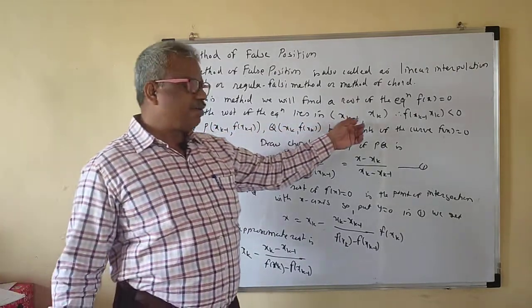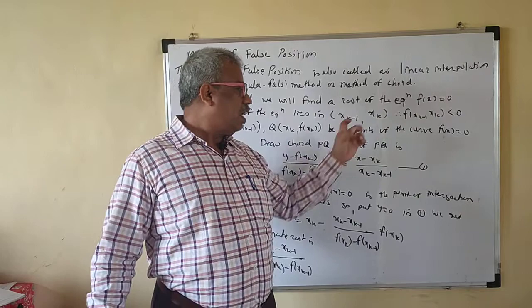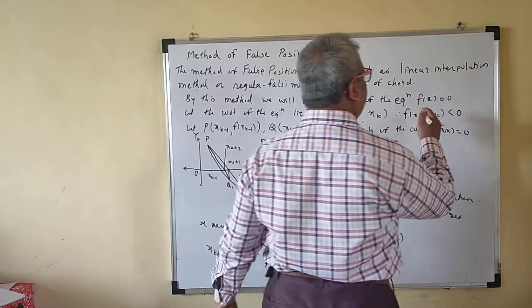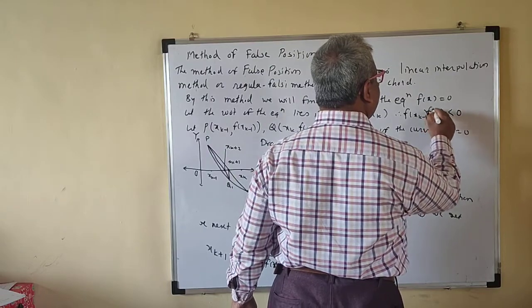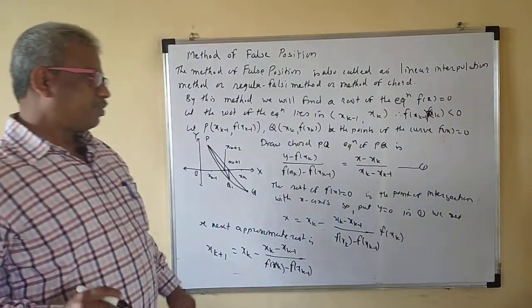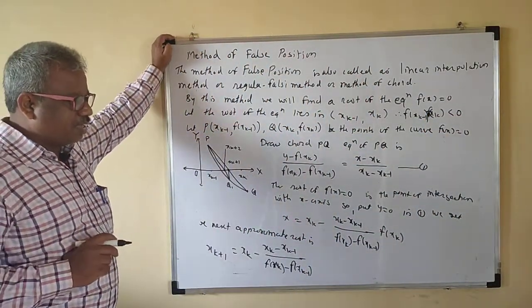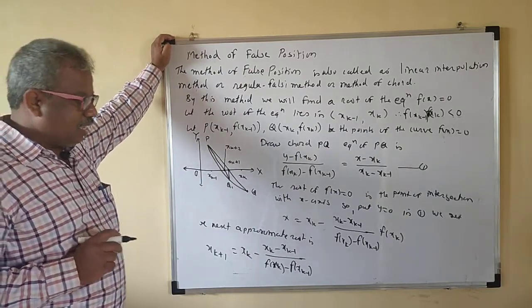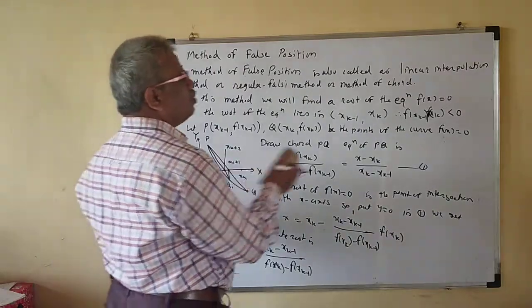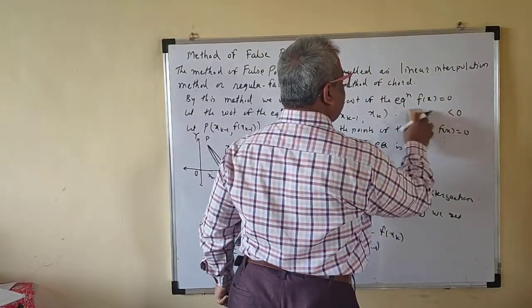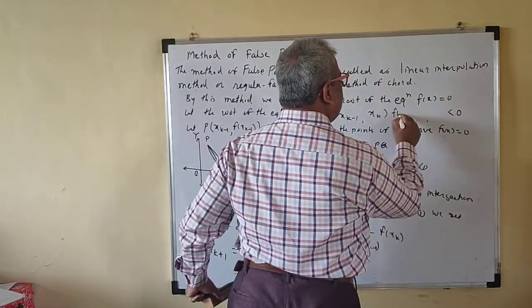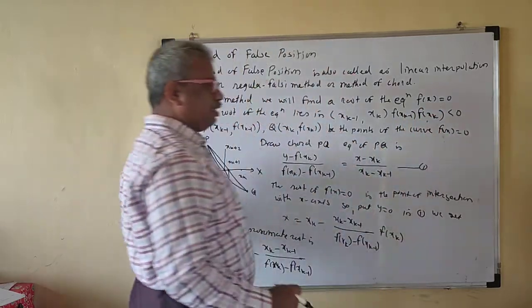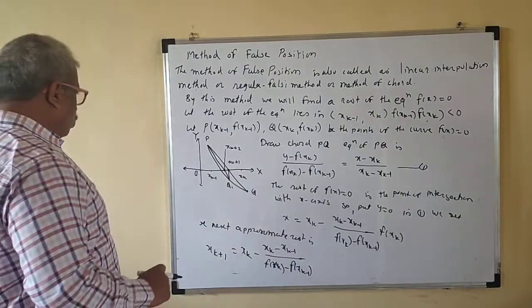Here I have taken these as x_{k-1} and x_k, so that f(x_{k-1}) times f(x_k) is less than 0. Okay, so these are the points.